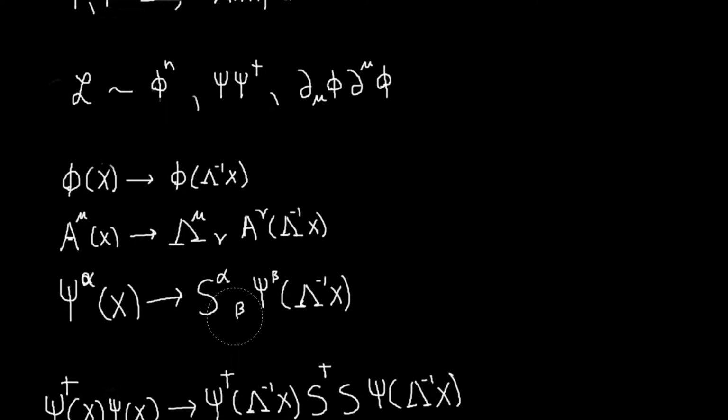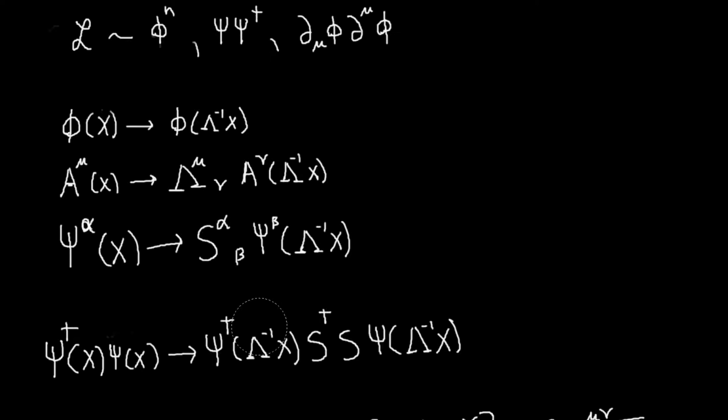And importantly, since it transforms like this, if we take this product here, so again, psi is like a column vector, so the Hermitian conjugate of psi is like a row vector, complex conjugate. So this product is like a scalar, and it transforms like this.